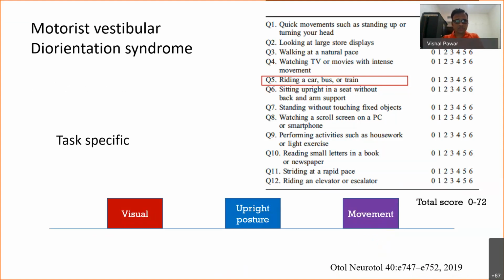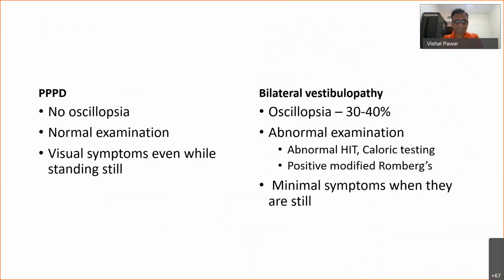Then I'll go to the difference between triple PD and bilateral vestibulopathy. There is no oscillopsia in triple PD, but oscillopsia is seen in 30 to 40% of patients with bilateral vestibulopathy. Abnormal examination in bilateral vestibulopathy includes abnormal head impulse test, caloric testing, positive Romberg sign.